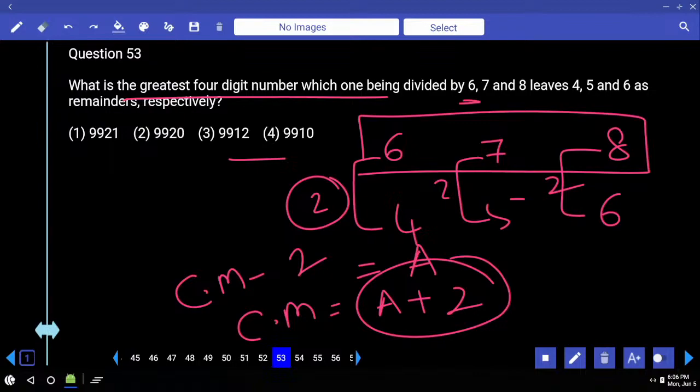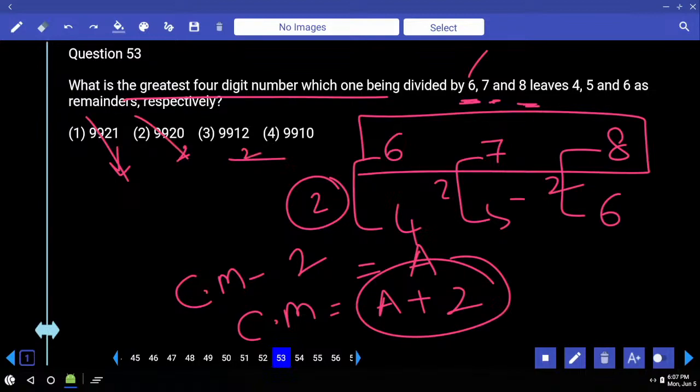Then it should be a multiple of 6, 7 and 8. So for example, if 2 is added to this, it will become 9923. That is not a multiple of 3. If we add 2, this is also not a multiple of 3.